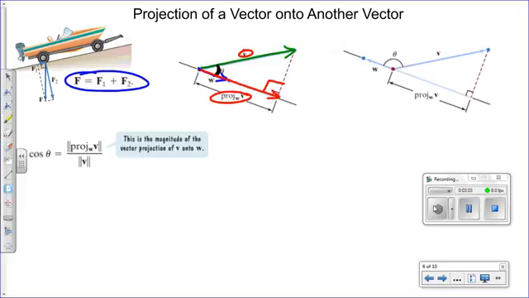Now let's look at the other example. We start with vector V, it's here, and then vector W is going in this direction. You can see very clearly that the angle between them is an obtuse angle, more than 90, so the two vectors are not perpendicular.